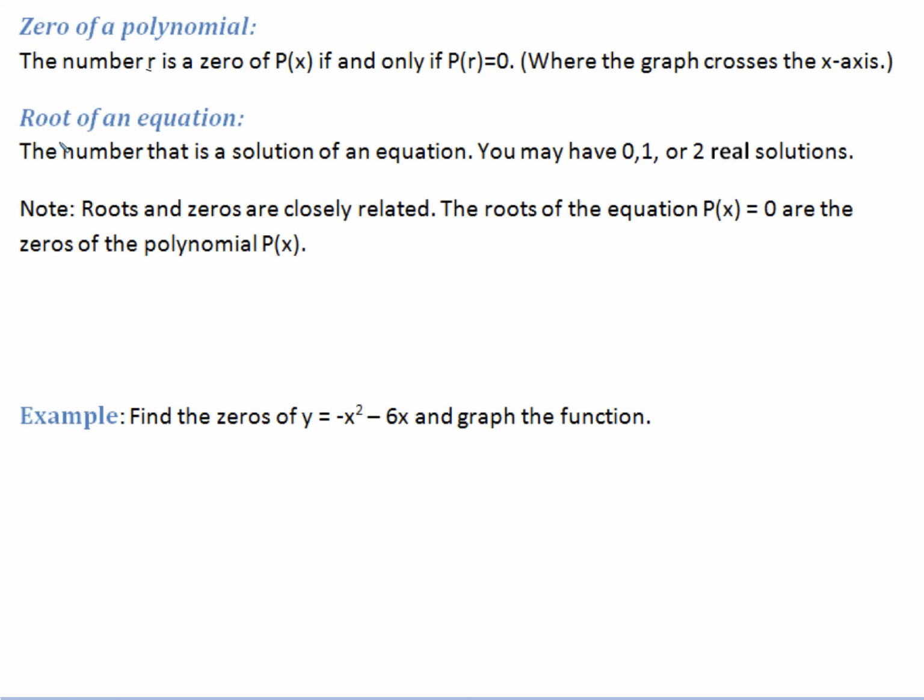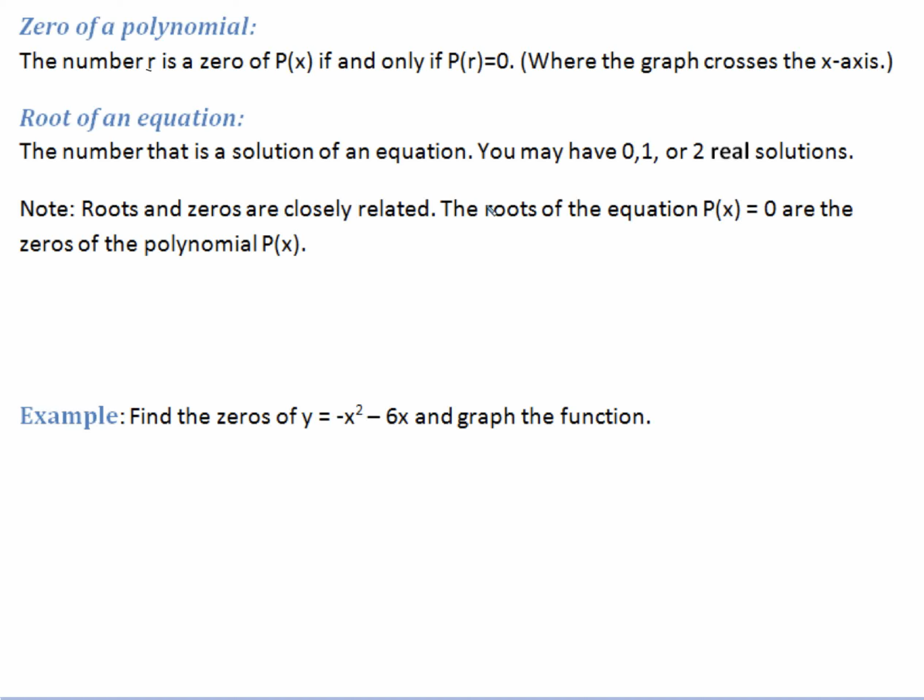And then very closely related to that is the root of an equation. That's the number that is a solution of an equation. For quadratics, you could have 0, 1, or 2 solutions. Roots and zeros are closely related. The roots of the equation p of x equals 0 are the zeros of the function.